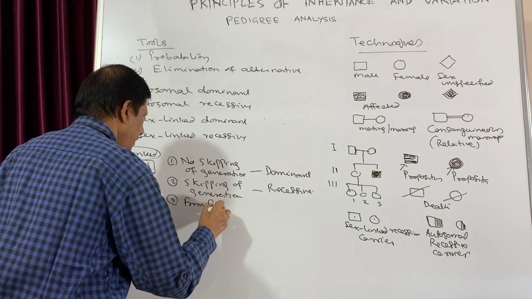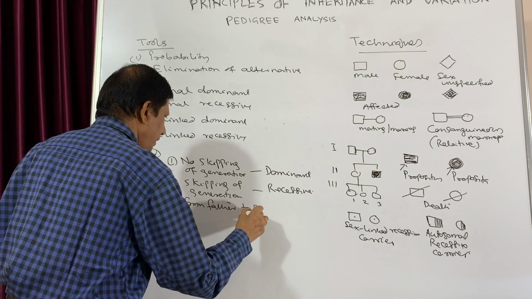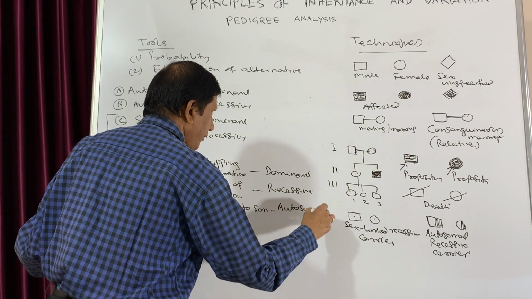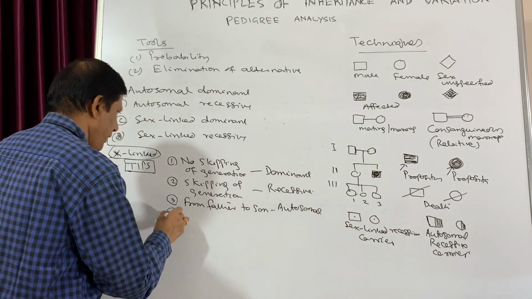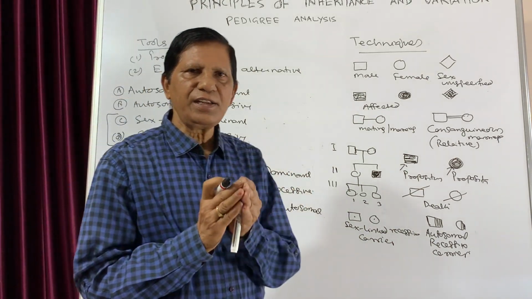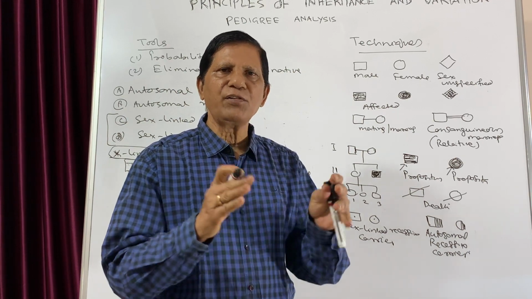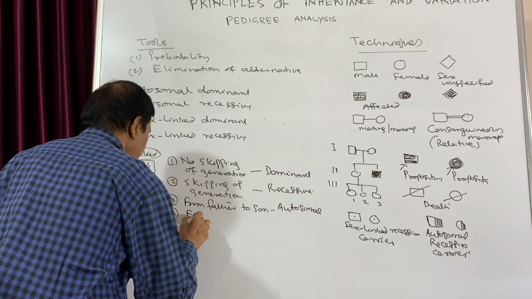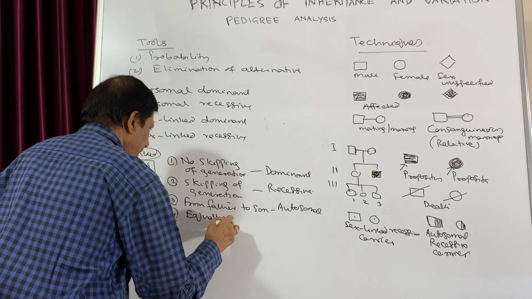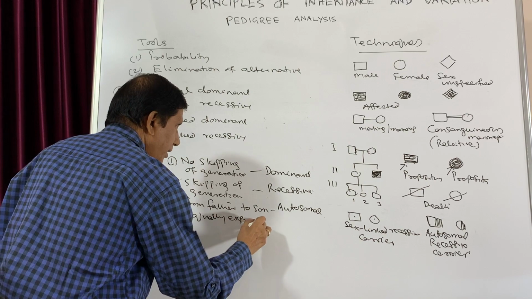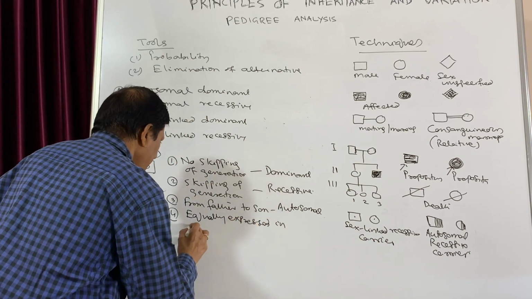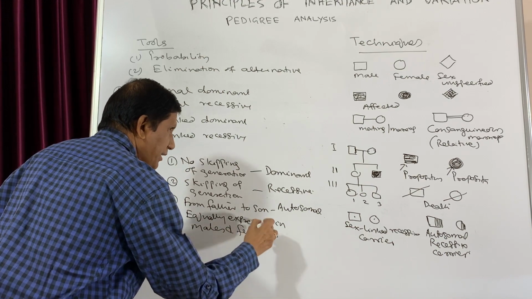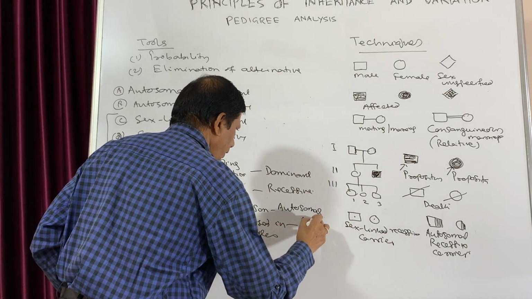Then the fourth point, if the character is equally found in males and females, equally expressed in males and females, then it must be autosomal.